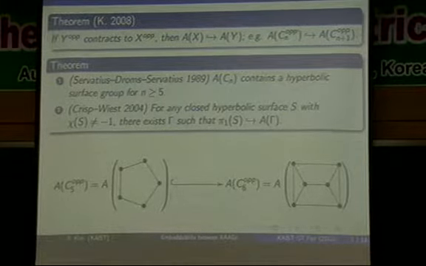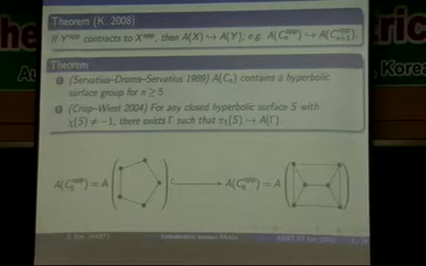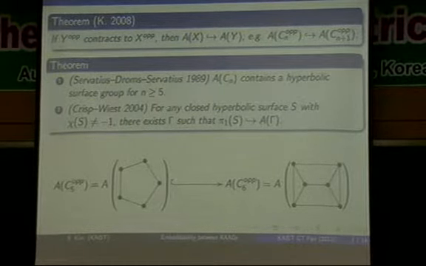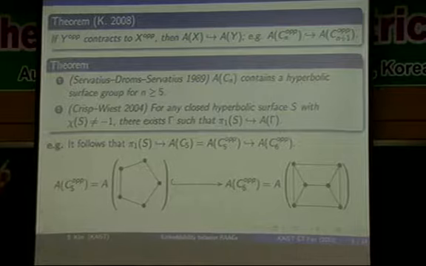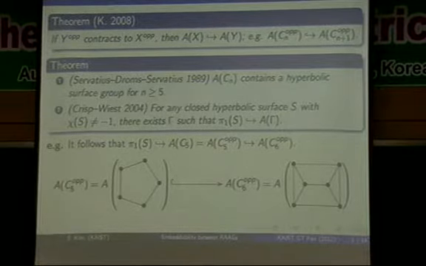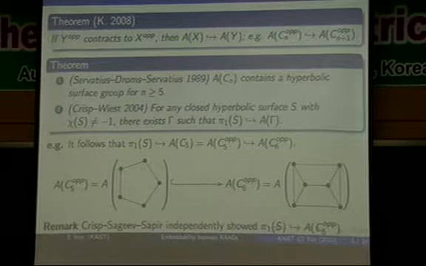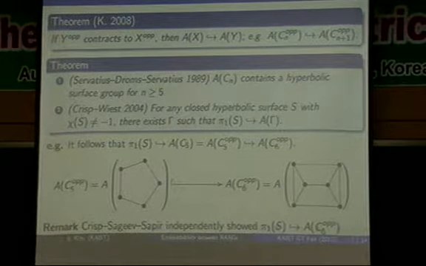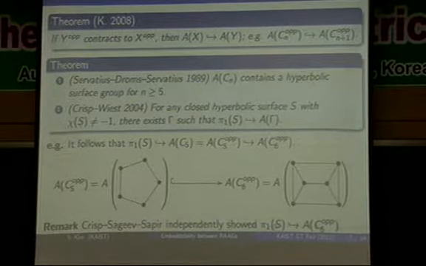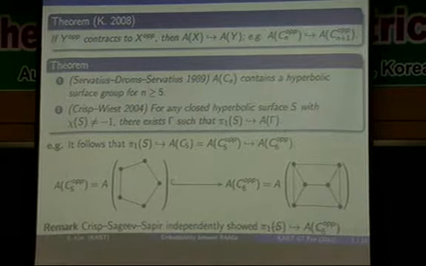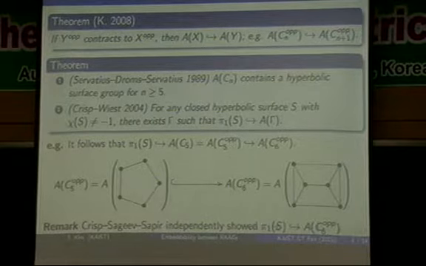And this triangle prism graph was the first example where the graph doesn't contain an n-cycle for n at least 5, yet it contains a surface group, because this 5-cycle is known to contain a hyperbolic surface group and it embeds into the triangular prism graph. And actually, independently, Chris studied this and gave a proof that some hyperbolic surface group embeds into the Artin group with the complement graph of the 6-cycle.